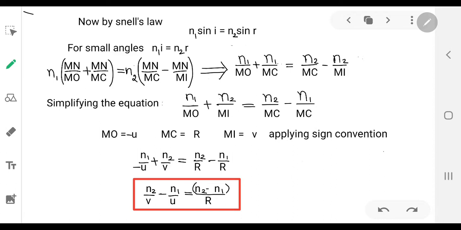So the same equation we are applying for both the refracting surfaces of a lens.